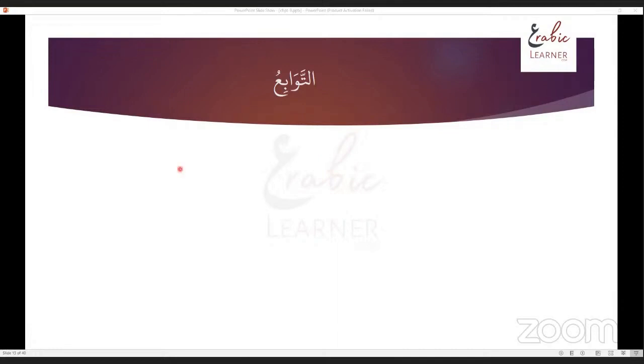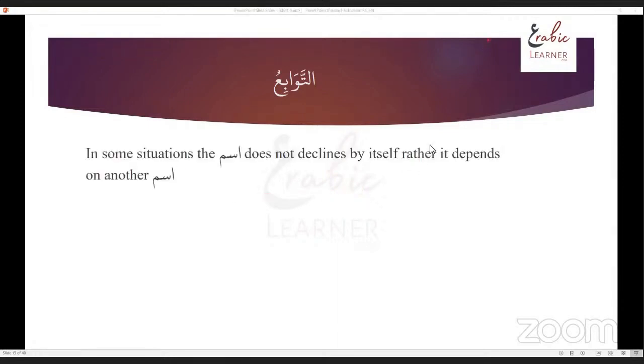So in some situations, the ism does not decline by itself, but it depends on another ism. For example, al-waladu: there is no reason for it to become al-waladi, majroor.